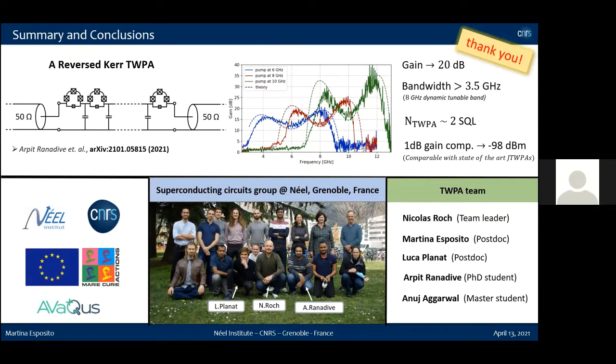And we did some simulations, and we think we can have a few percent of inhomogeneities due to the imperfection in the size of the loops. For the pump power, I think it's comparable with other Josephson junction-based devices. I don't have the numbers by heart, but I would say comparable with the same family of devices. Thank you.